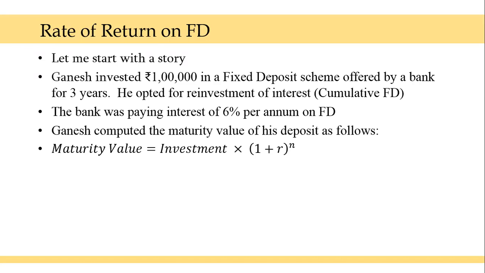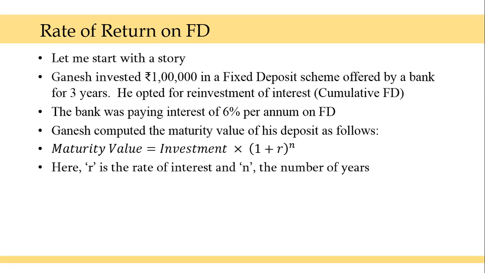So he used a formula which is maturity value is equal to investment multiplied by 1 plus r to the power of n. Here, r is the rate of interest and n is the number of years. In Ganesh's case, investment will be 1 lakh, r is 6% and n is 3.